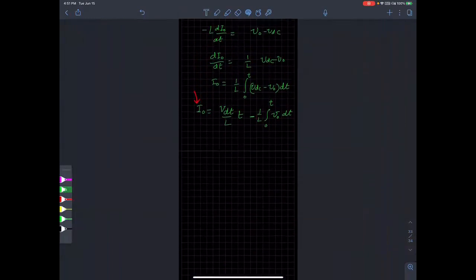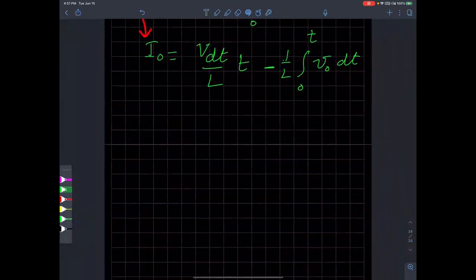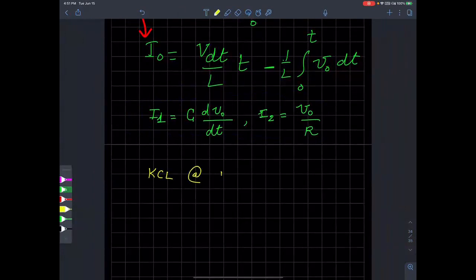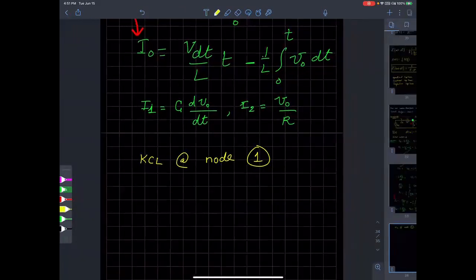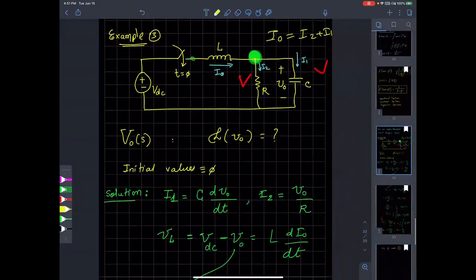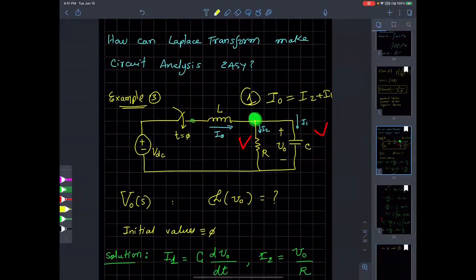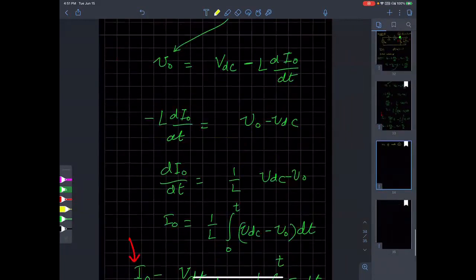If I copy it here and apply KCL at node 1, let's call it node 1.